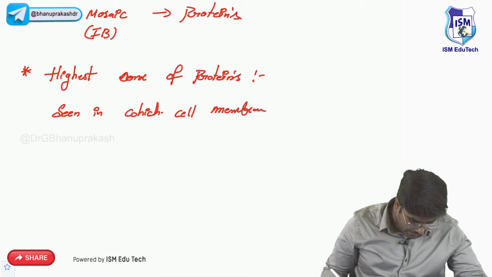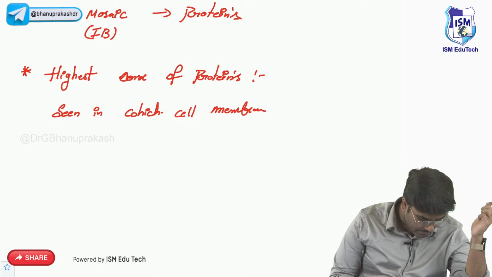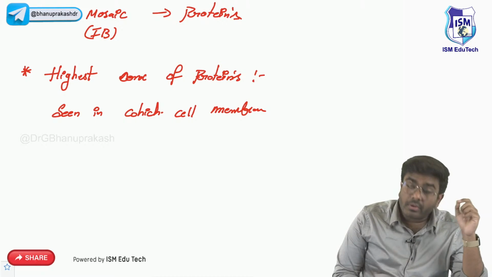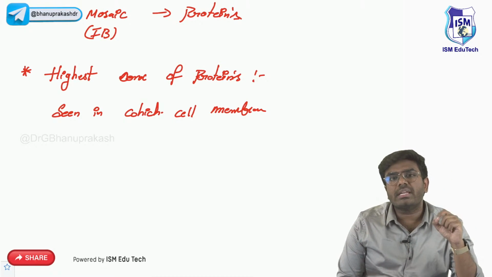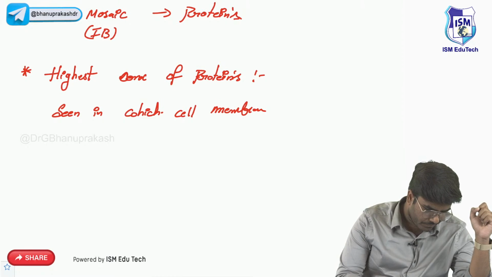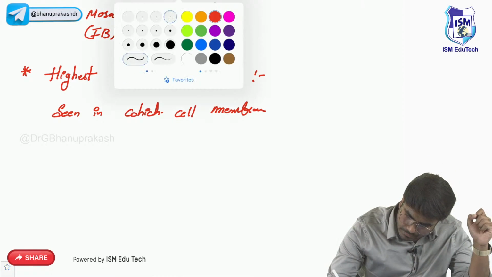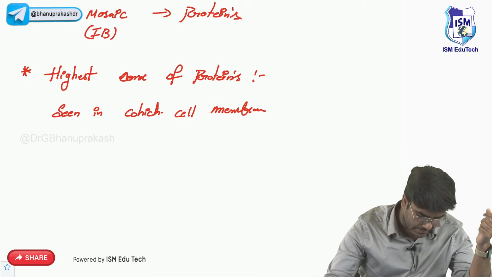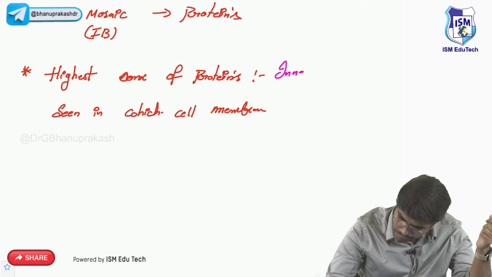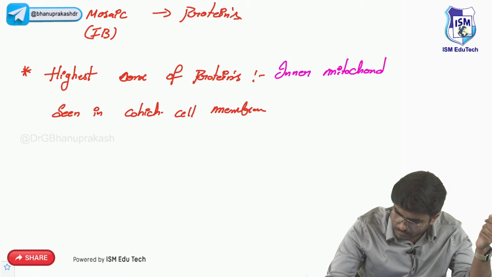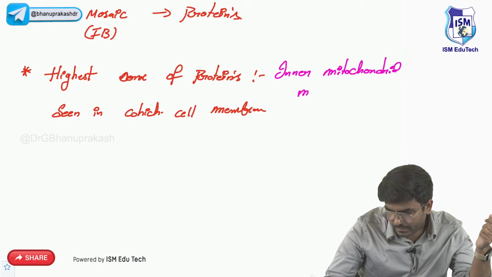Guys, can anyone tell me in the chat box? In which cell membrane will you have the highest concentration of proteins? The answer is the inner mitochondrial membrane. If you said it, you are excellent. Inner mitochondrial membrane.